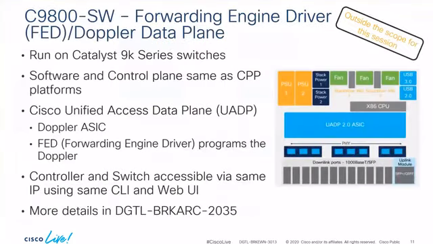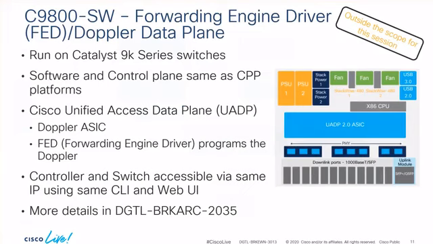Now, the second type of architecture that is available is the FED or Doppler-based data plane architecture. This is essentially the architecture that the Catalyst switches are based off of. The software and the control plane is no different when it comes to the 9800 between CPP or the FED and Doppler-based data planes.